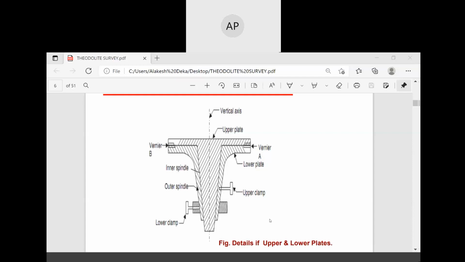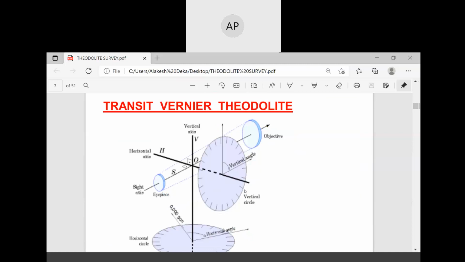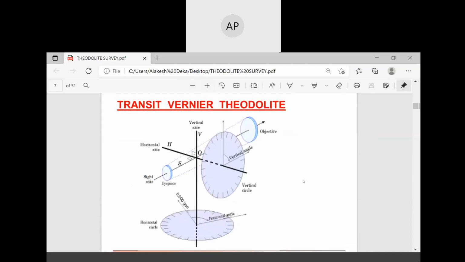Details of upper and lower plates. In this figure, the details of the upper and lower plates are shown: upper clamp, lower plate, upper plate. So these are the axes through which you can rotate a theodolite. This is your vertical axis, let me show it in red color.